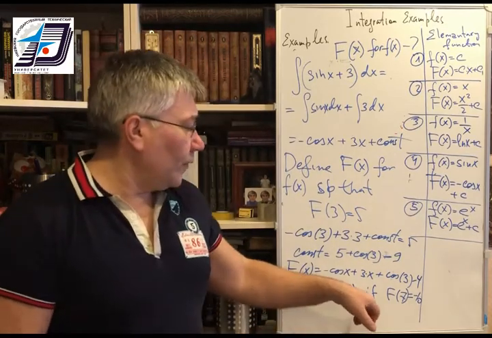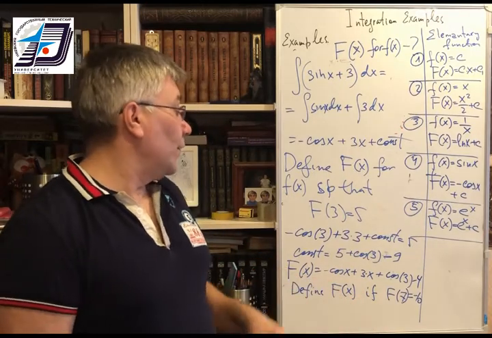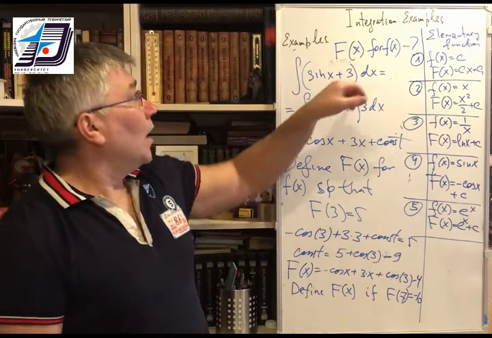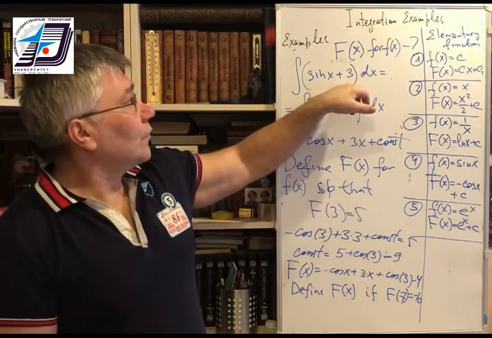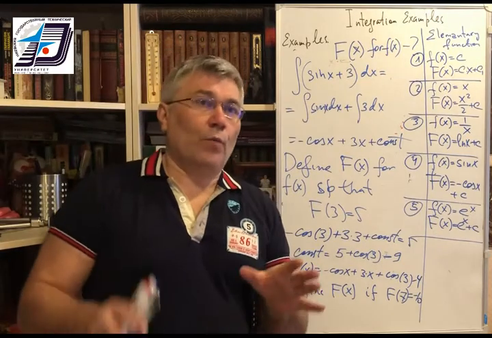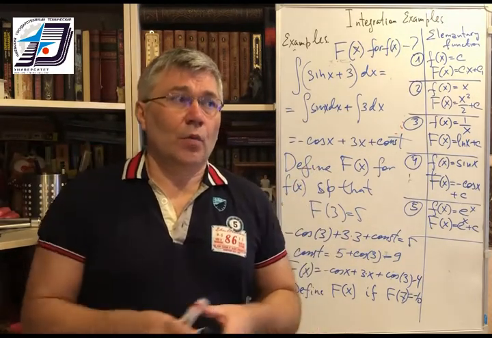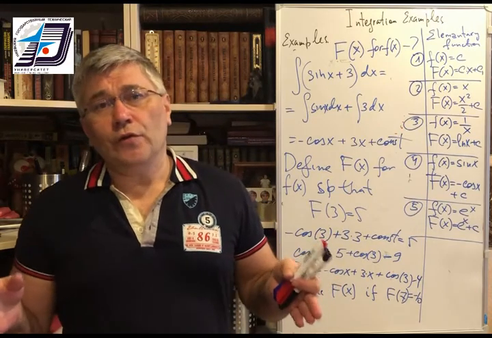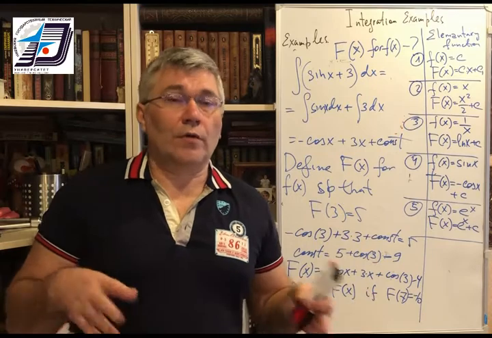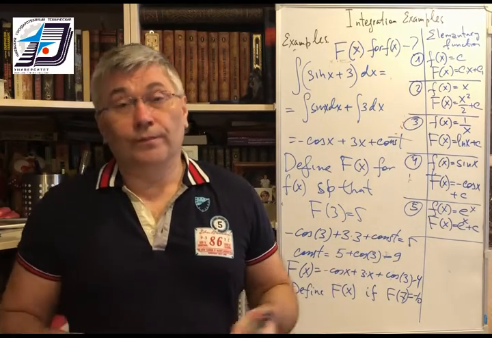You will have a little bit different view of this antiderivative, and we can say here that the antiderivative of this function sine x plus 3 is not one function. It's a family of functions which differ from each other by this constant value.